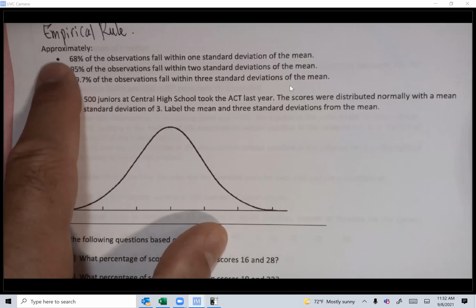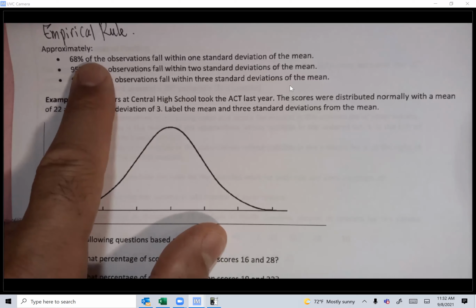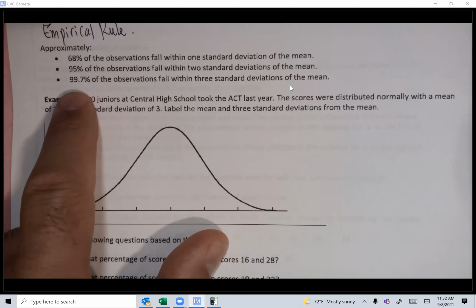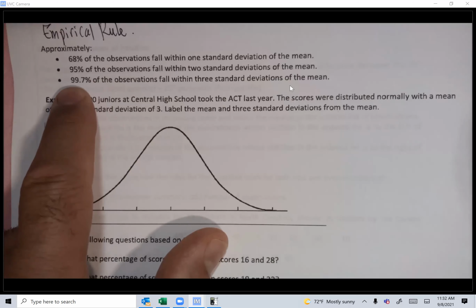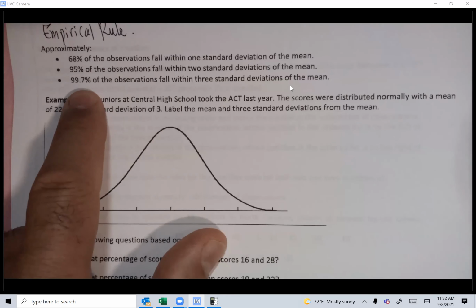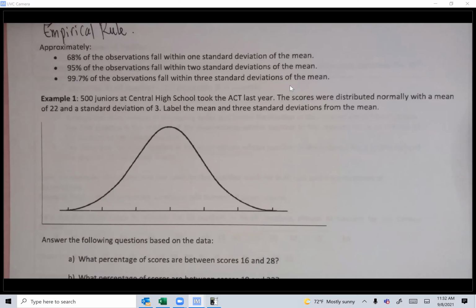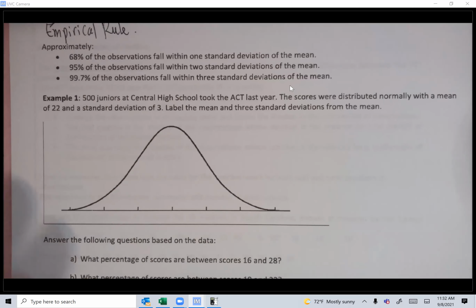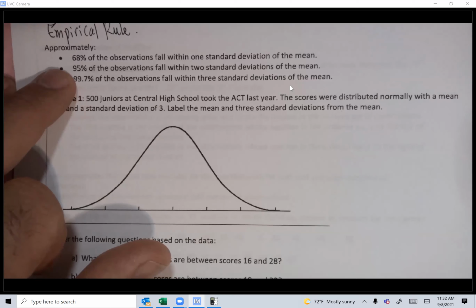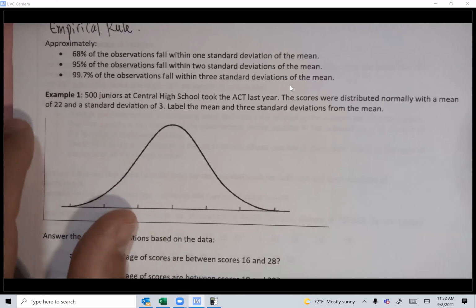So we say 68% of the observations fall within 1 standard deviation of the mean, 95% of the observations fall within 2 standard deviations of the mean, and 99.7% of the observations fall within 3 standard deviations of the mean. I'm going to show you an example of how to work with just those 3 percentages. I would like you to try to memorize those 3 percentages, guys.